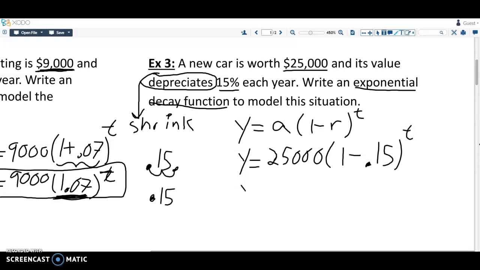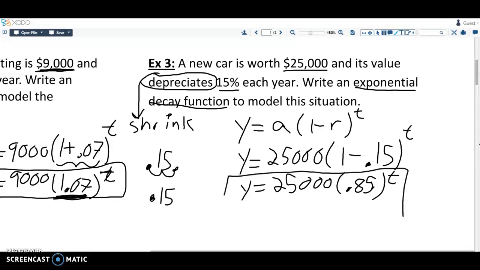Well, when I simplify this, 1 minus 0.15 is going to leave me with 0.85 to the power of t. And so this time, my b value of 0.85 is smaller than 1 and yet still bigger than 0. So it's a decimal that falls between 0 and 1. So in fact, it was exponential decay.